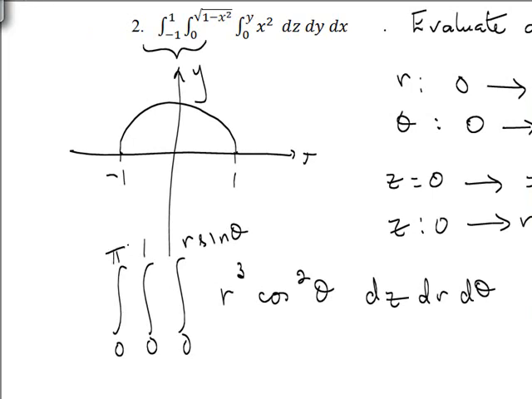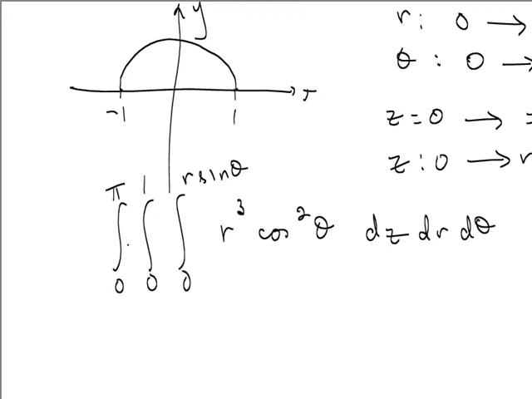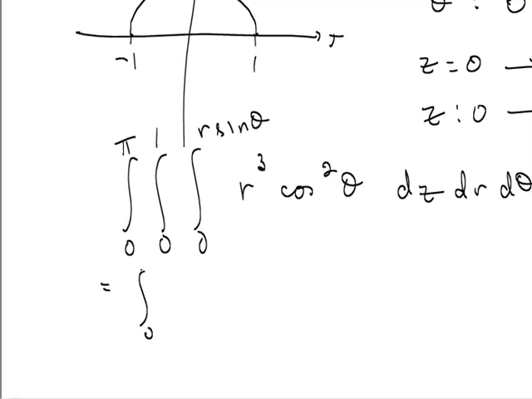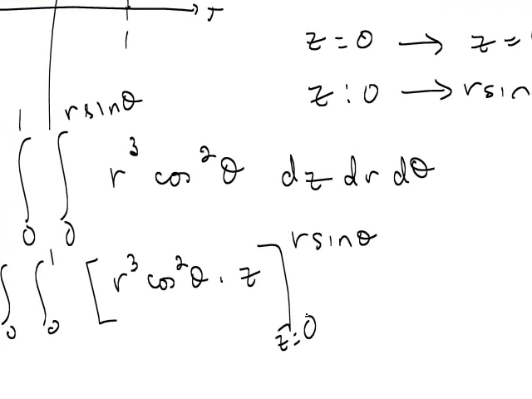Okay, now we want to integrate, okay? So let's do this. The first thing we integrate with respect to z. So this becomes r cubed cosine squared theta times z from 0 to r sine theta, dr d theta.